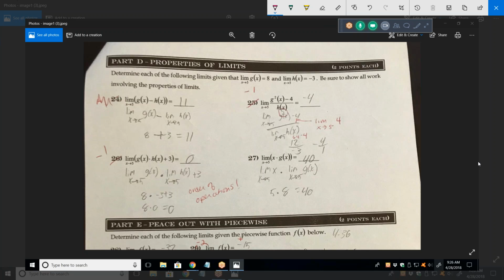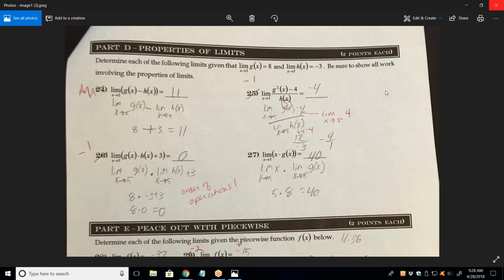Order of operations. Oh yeah, it's because I didn't multiply the 8 and the negative 3 first before adding the 3. PEMDAS, multiplication before addition, yes. That's a silly mistake.